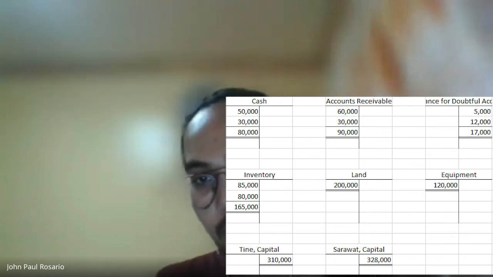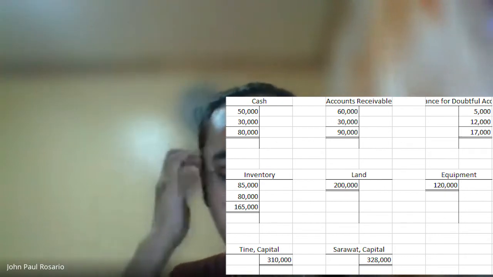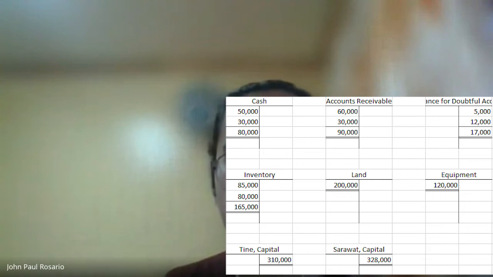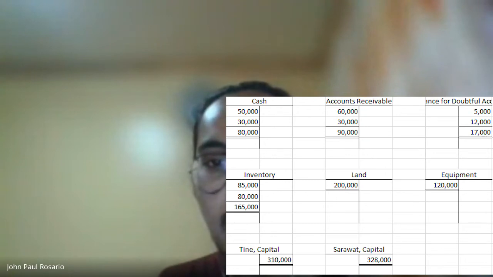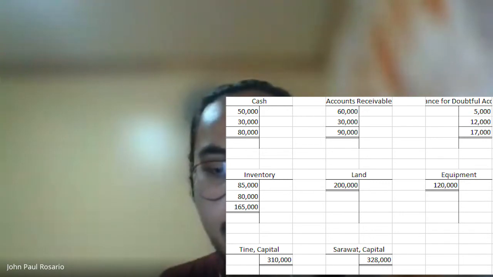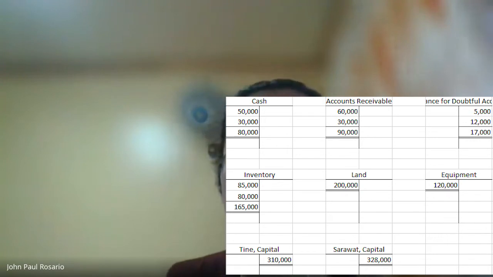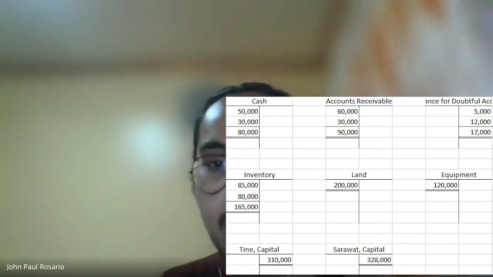Okay, so if we sum up all of the entries in our trial balance, no? So, 80,000 there for cash, accounts receivable 90,000, inventory 165,000, land 200,000, equipment 200,000.